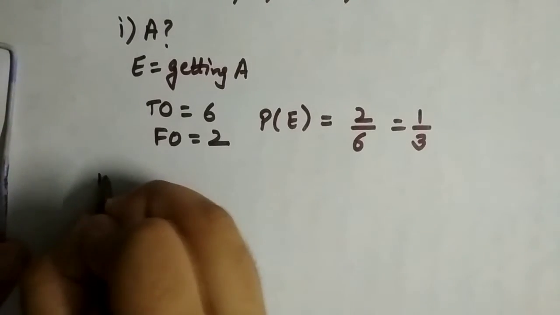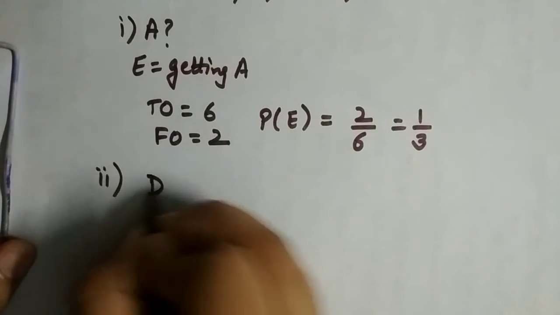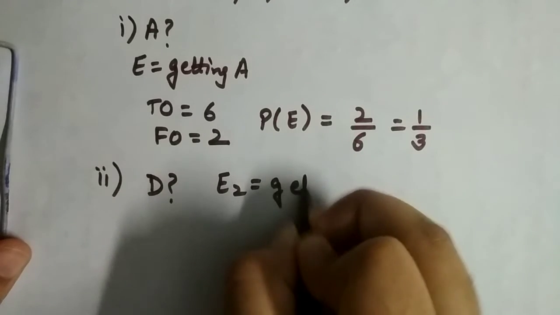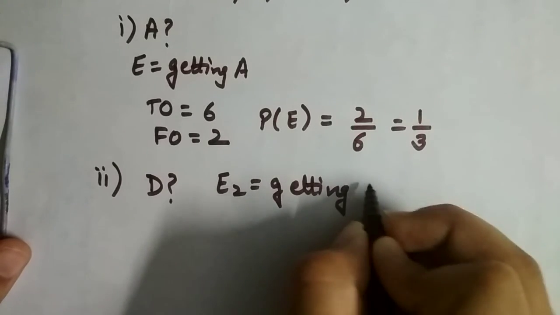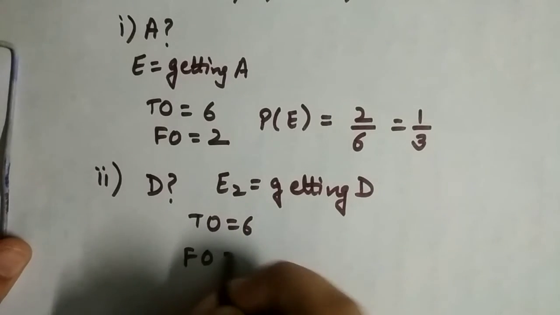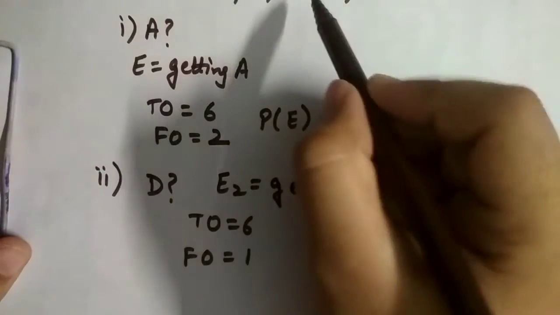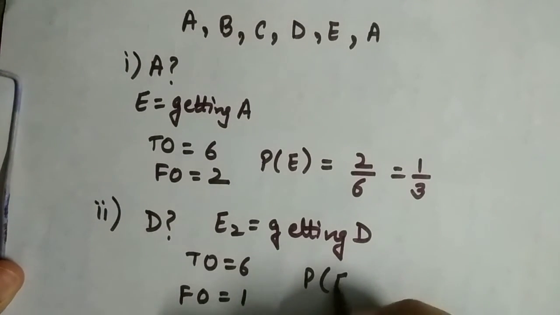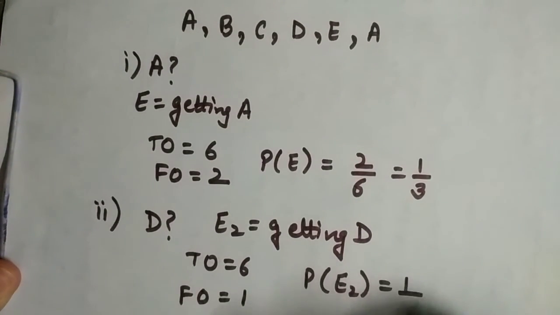And in the second part they are asking what is the probability of getting D. Let E2 be the event of getting D. So total outcomes is 6, favorable outcome is 1 because only one D is there. So probability of E2 is 1 upon 6.